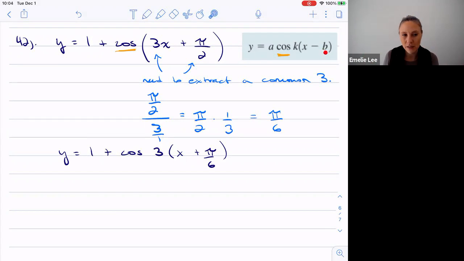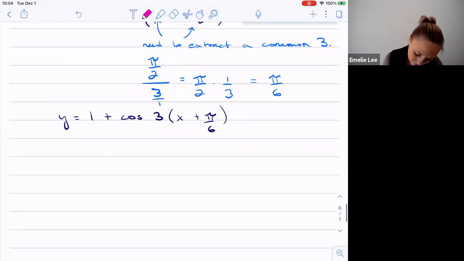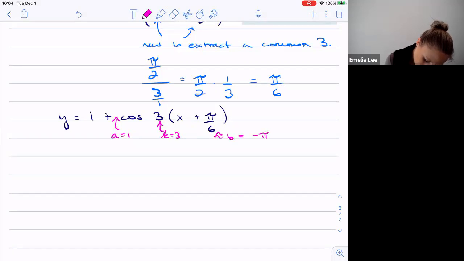So my b must be negative pi over 6. So let's highlight what we've got here. A is 1. K is 3. And b is negative pi over 6. Once you rearrange things, it's really easy to see what the a, the k, and the b are.